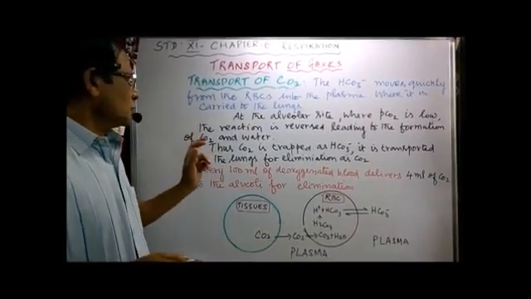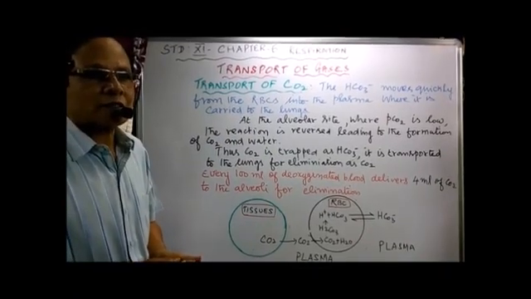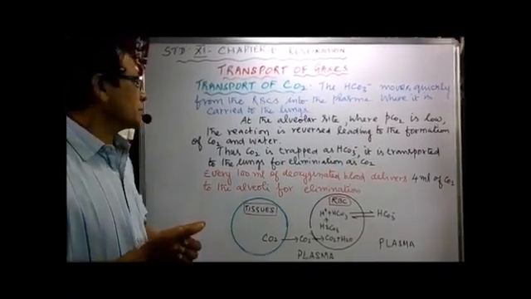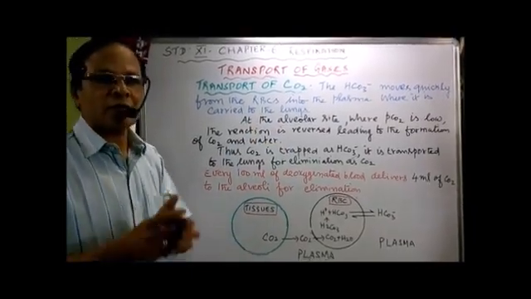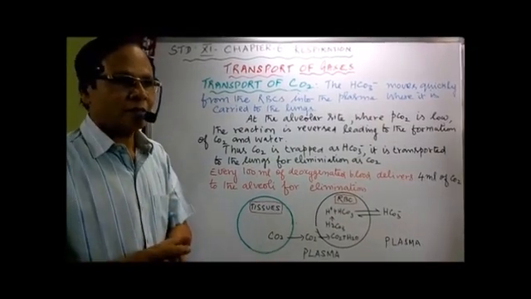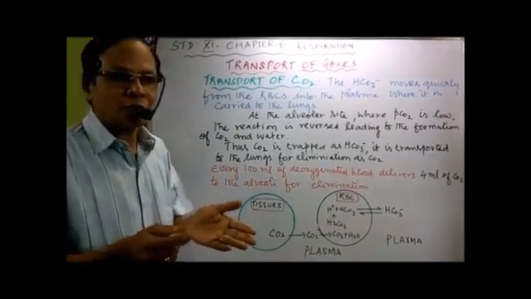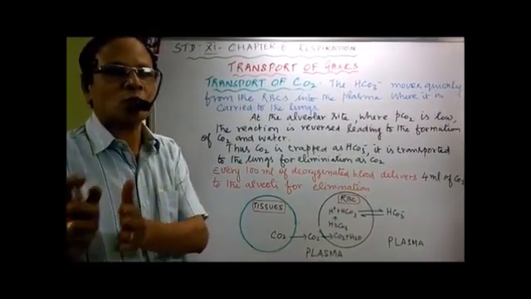Now, at the alveolar side, where the partial pressure of carbon dioxide is low, the reaction is reversed. The hydrogen ions and the bicarbonate ions combine together to form carbonic acid. Now the environment of the alveolus favors the splitting of carbonic acid to form carbon dioxide and water.